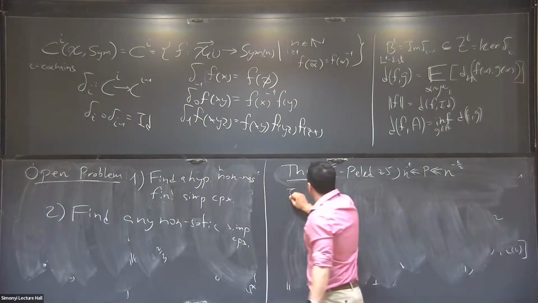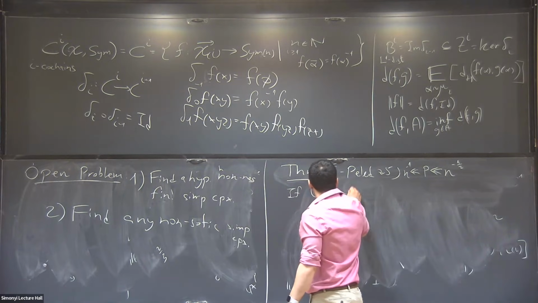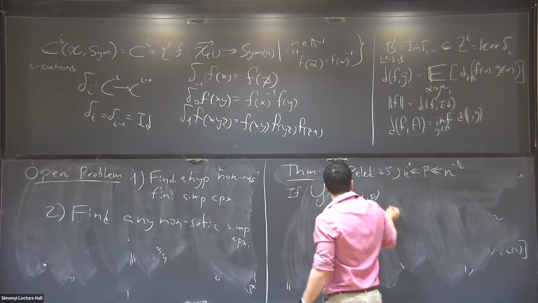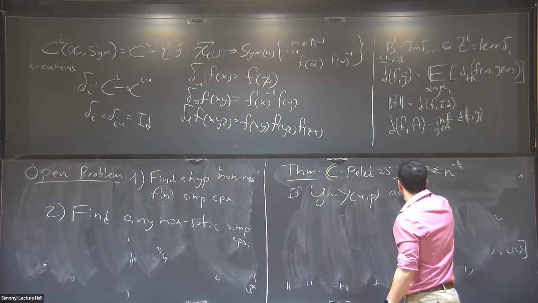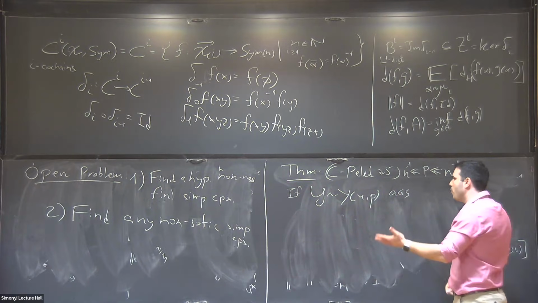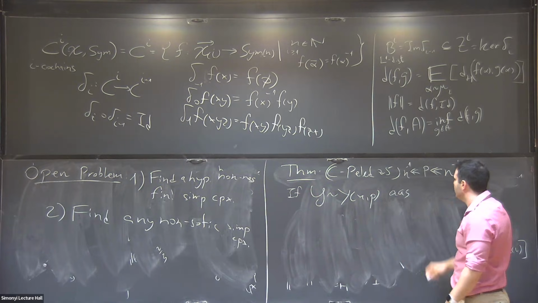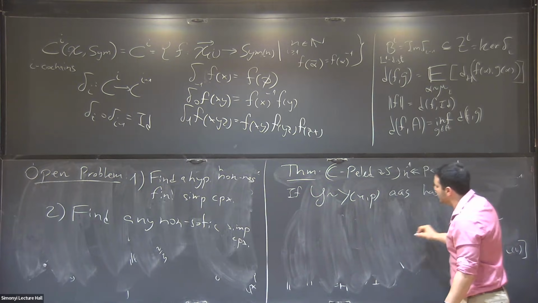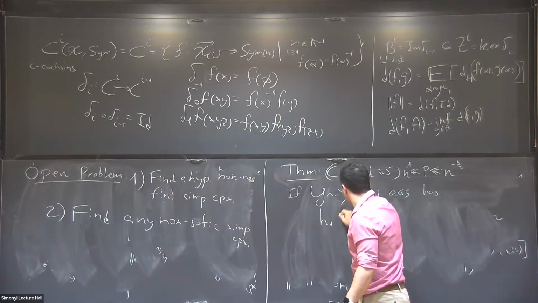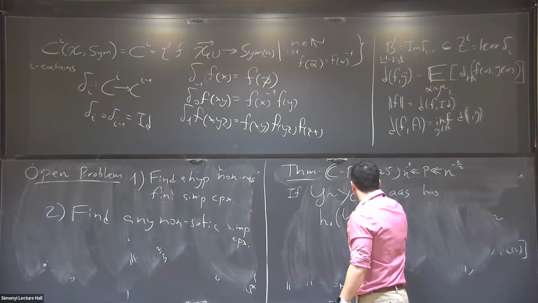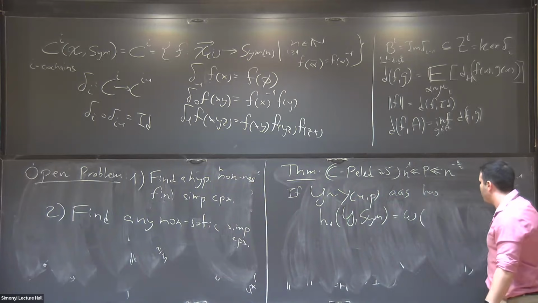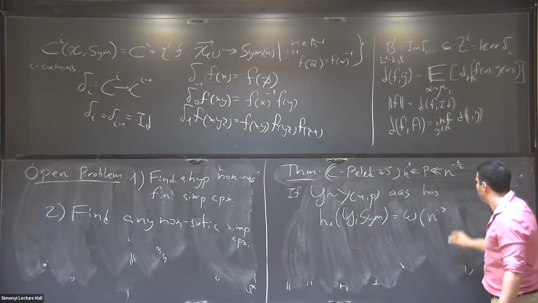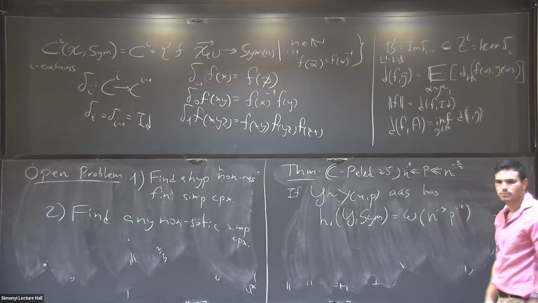Then if Y is sampled according to the linear Meshulam model, then asymptotically almost surely, so with probability tending to 1 when n tends to infinity, Y has H1 of Y with permutation coefficients asymptotically growing faster than n to the minus 3 e to the minus 1.